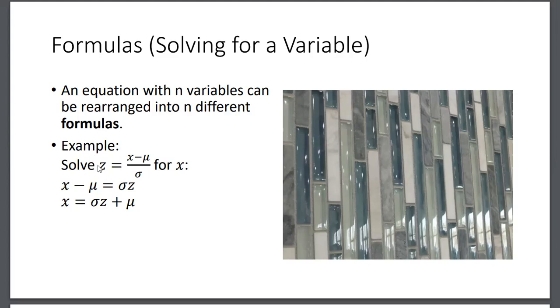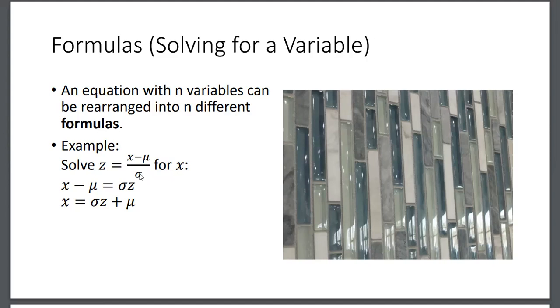Here's an example. Solve this equation, z equals x minus mu all over sigma, for x. This equation happens to be the formula to calculate the z-score for a value in a distribution with a mean of mu and a standard deviation of sigma.